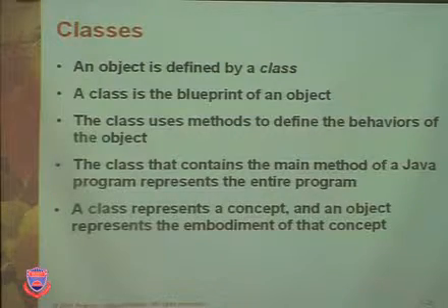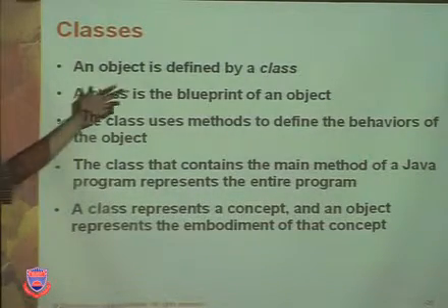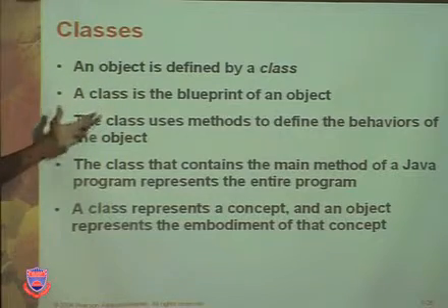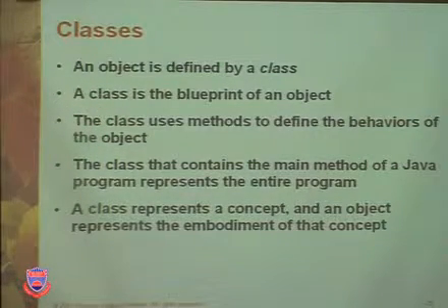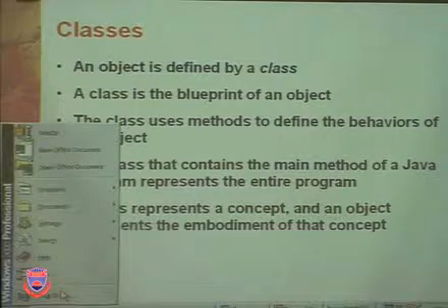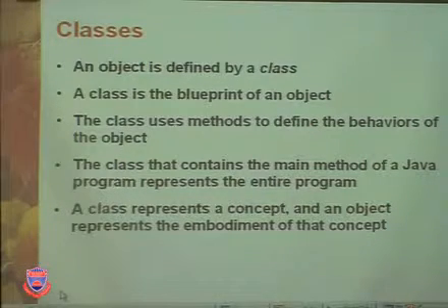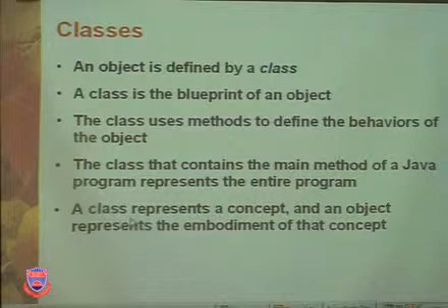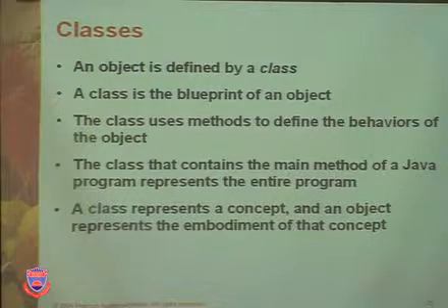So we have objects that we define by using a class. If you remember, class is a kind of a definition, whereas object is an instance of that definition. So you can have multiple instances of the same class, which we have seen before.